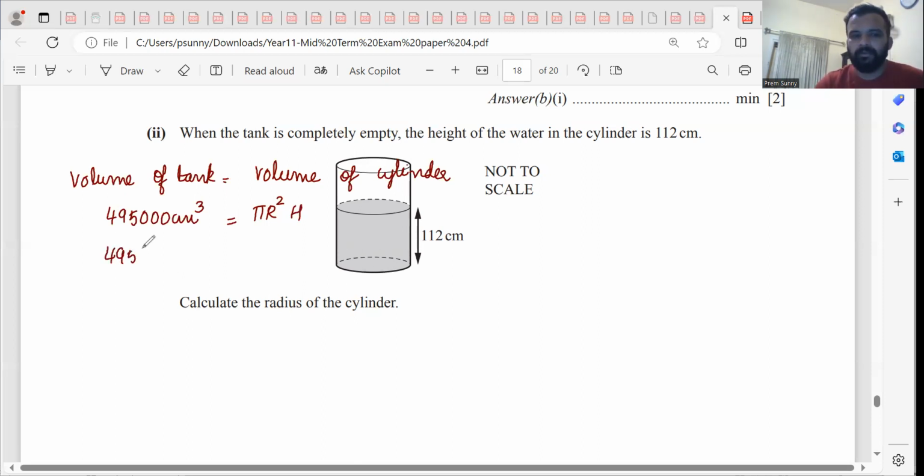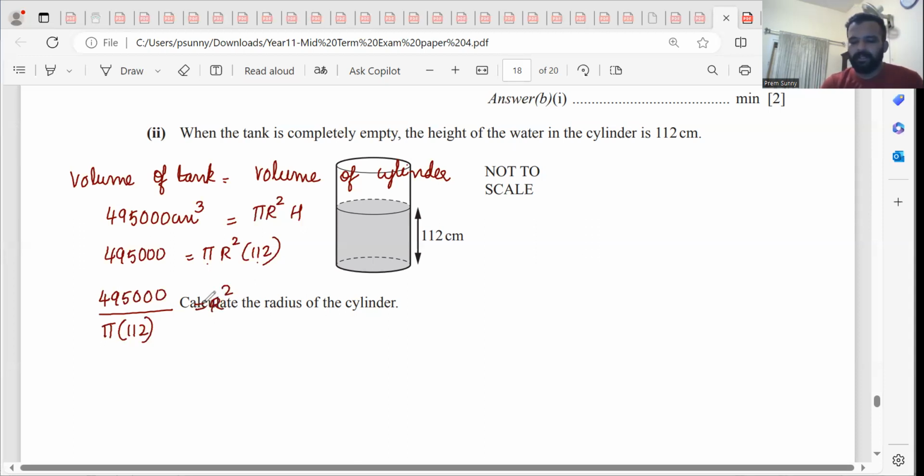So 495,000 is equals to pi r square into 112. The multiplication of pi and 112 goes to the left hand side. It becomes 495,000 divided by pi into 112 is equal to r square.